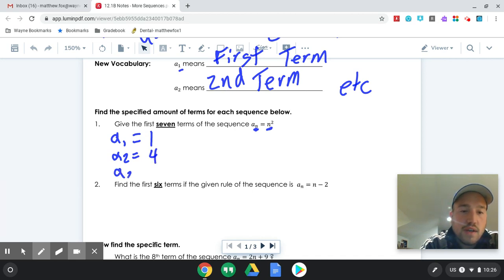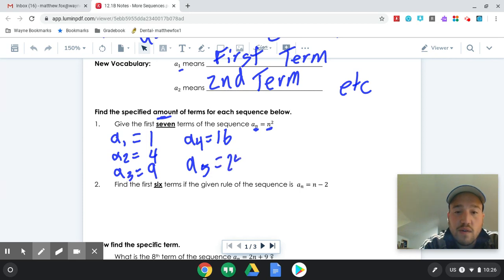A sub 3 is going to give us 9. And we just keep doing this. Now here it said 7 terms, so we need to do it 7 times. So a sub 4 gives us 16. A sub 5 gives us 25. A sub 6 gives us 36. And finally, a sub 7 gives us 49.